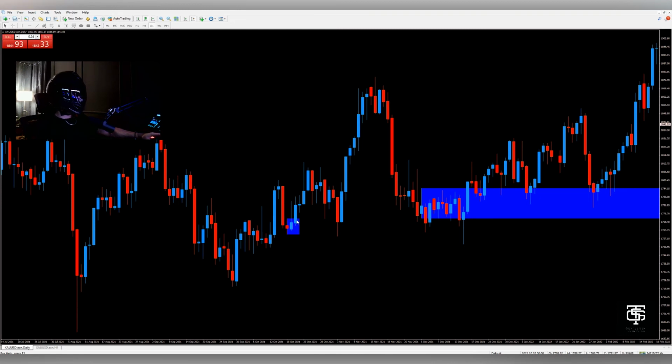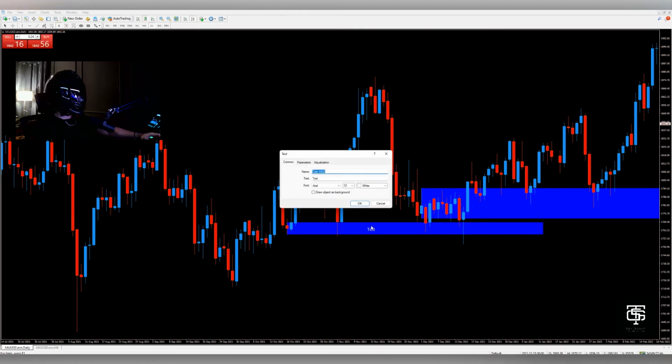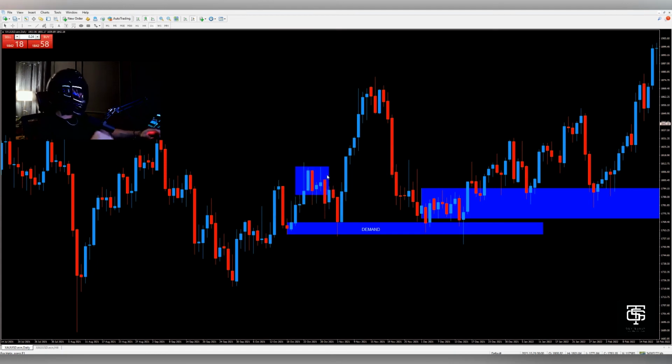It made a sideways, it came back into the zone and closed as an engulfing buy. So this is our demand zone. Demand is when you are looking for buys, and supply zones are when you're looking for sells.